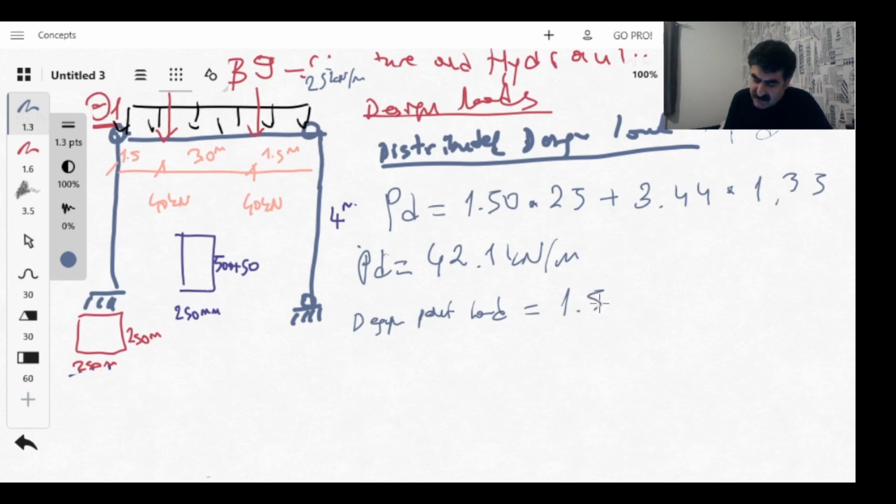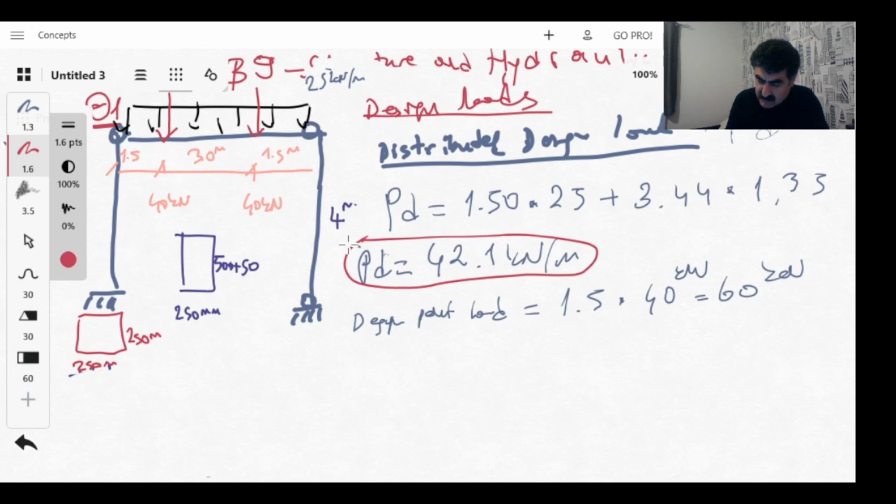Why? Because it is machinery. Multiplied by 40 kilonewton, and it's equal to 60 kilonewton. So now I understand that I calculated the distributed load to be 42.1 kilonewton per meter and the point load to be 60 kilonewton.